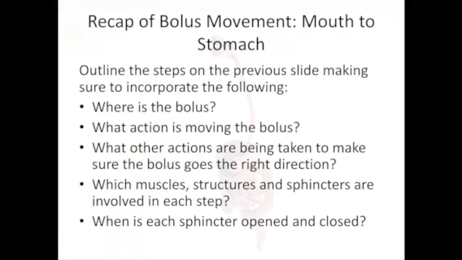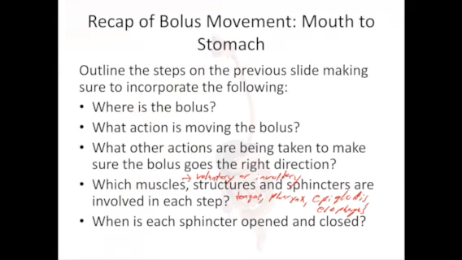And then which muscles, as far as, is this voluntary or involuntary? And which muscles, meaning is it the tongue muscles? Is it the pharynx? Is it the epiglottis moving? Some of those things, the esophagus. So do that with each step.